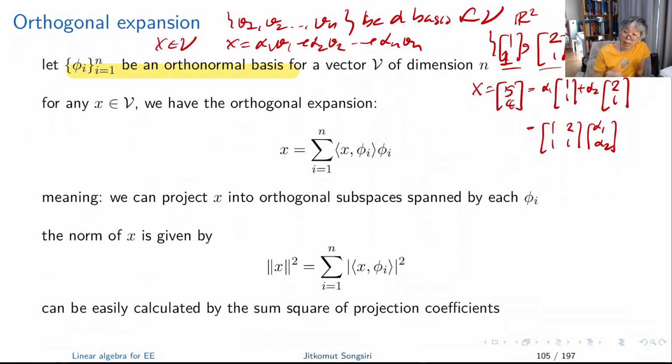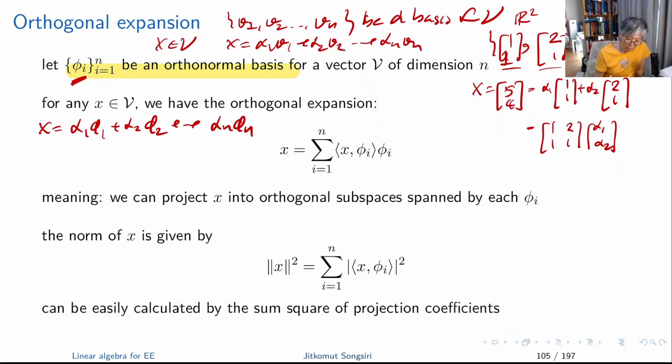Okay. Now let's use the orthonormal basis set. If I have an orthonormal basis set, orthonormal basis vectors phi k, I can do the same. I can claim, because they are a basis, that my x is alpha 1 phi 1 plus alpha 2 phi 2 and so on up to alpha n phi n.